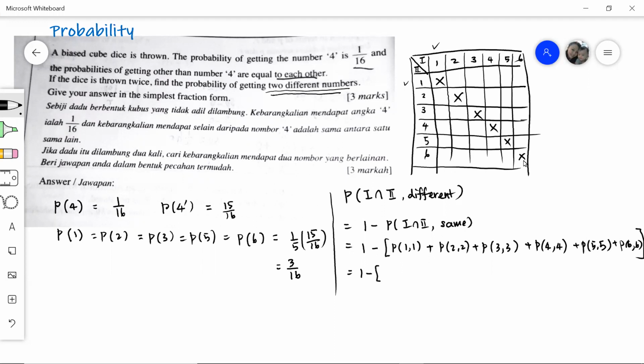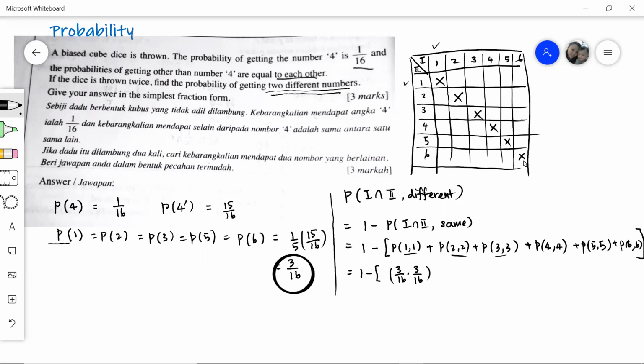The probability to get both 1, we take 3 out of 16, followed by, so one after another, we multiply the second time. The probability to get 1 and 1, 2 and 2, 3 and 3, since they are equal, each time is 3 out of 16.